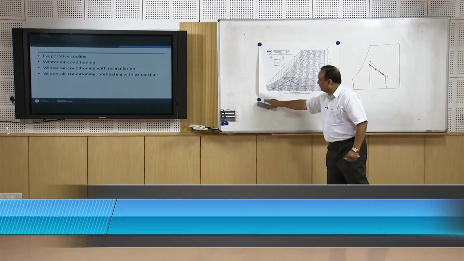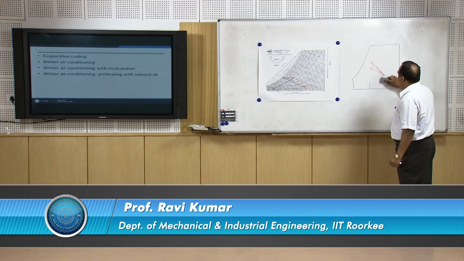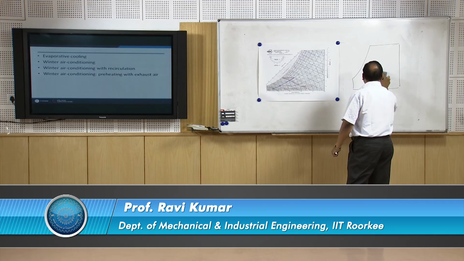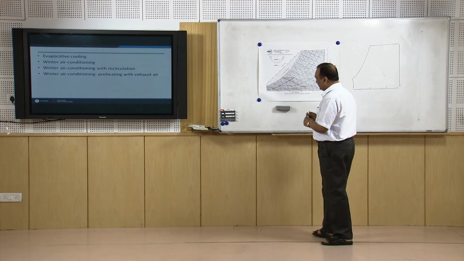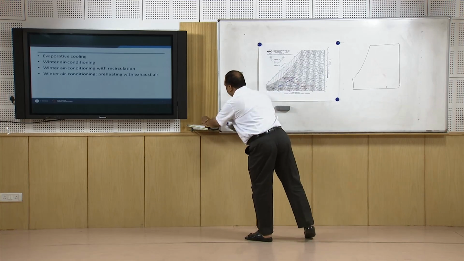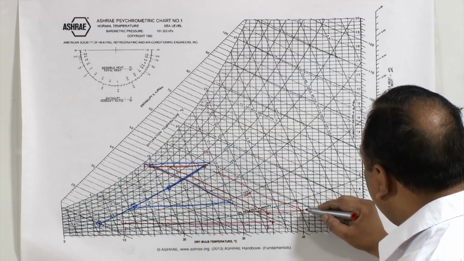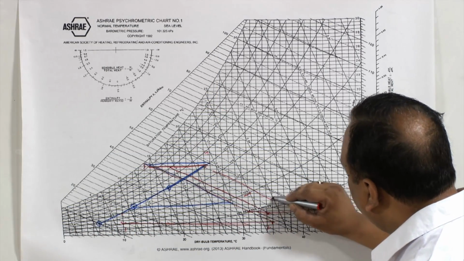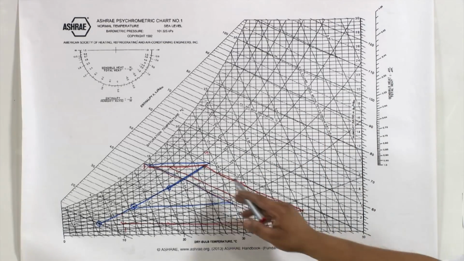Another process which I forgot to tell you is adiabatic dehumidification. In case of adiabatic dehumidification, it is the reverse of, suppose outside air is at 40 degrees centigrade and this is adiabatic humidification.